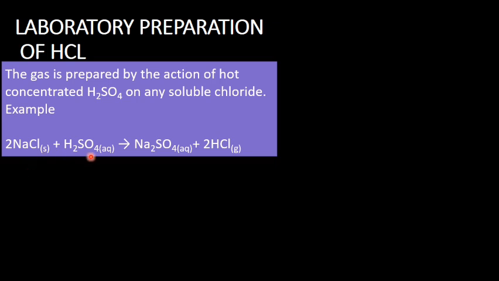So when you react H2SO4 with sodium chloride, we form sodium sulfate, then hydrogen chloride gas. Please note that when we say hydrochloric acid, that's an acid, but when we say hydrogen chloride, that exists as a gas. The hydrochloric acid is usually in aqueous state.